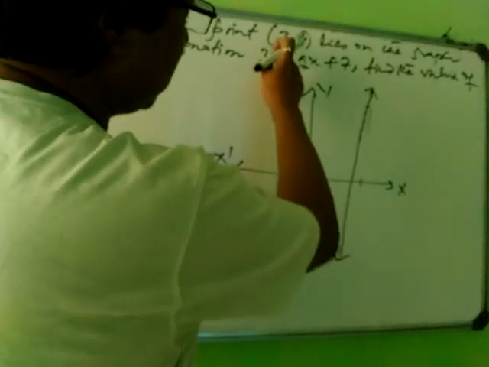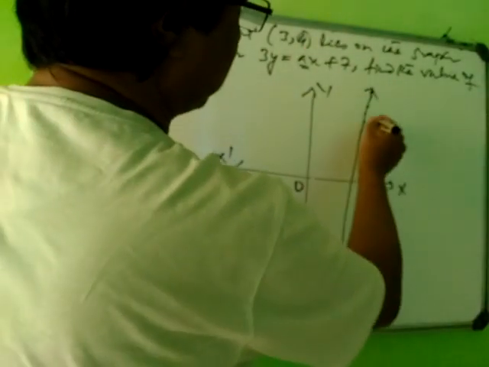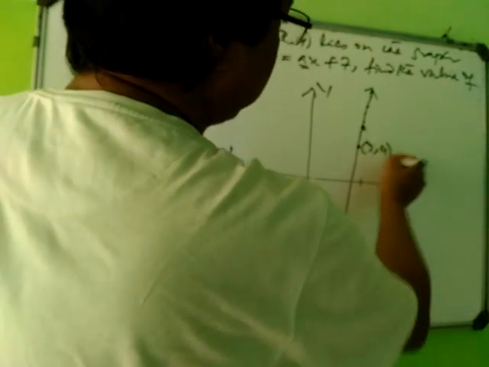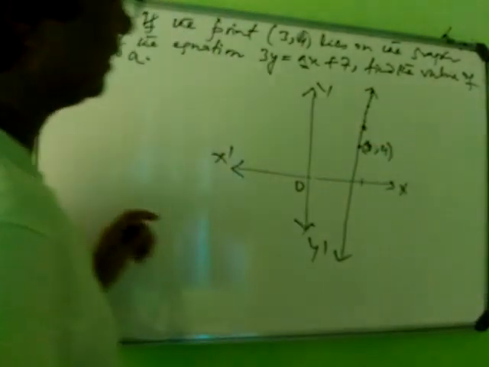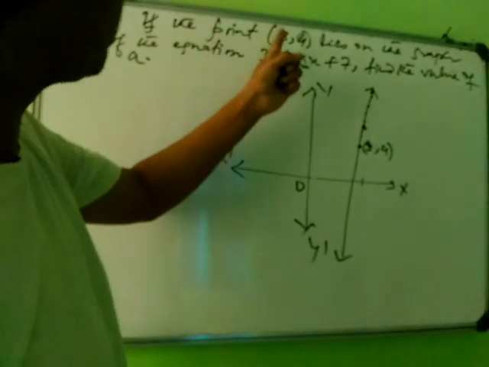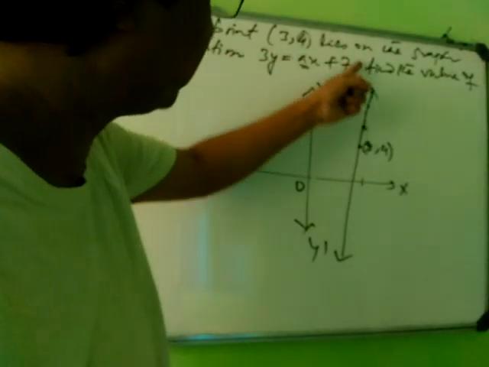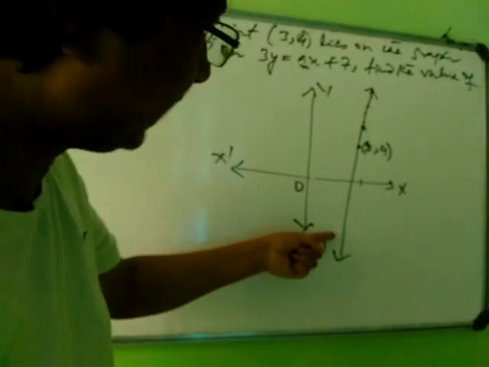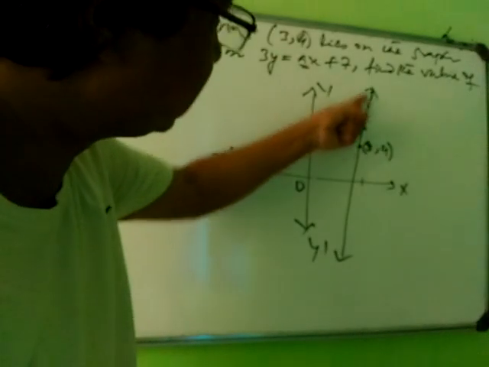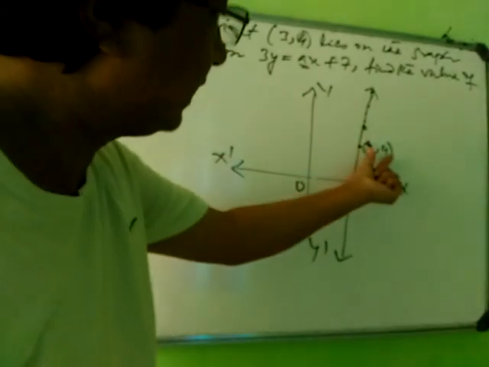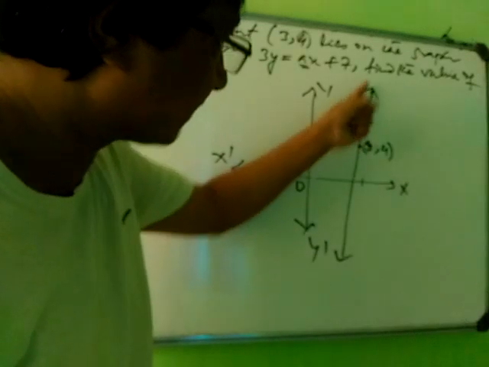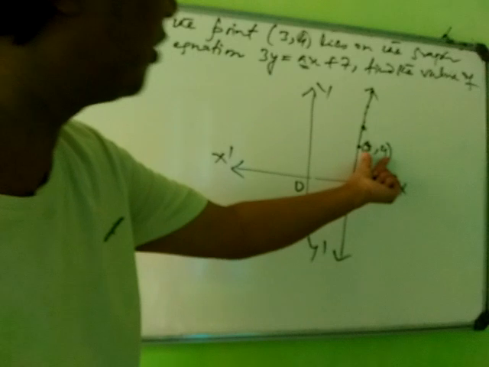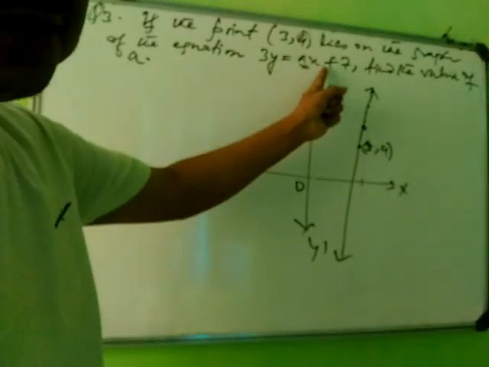So that straight line is the required graph of this equation. Now there, one point is 3, 4. Say you take this point 3, 4. So here, if the point 3, 4 lies in the graph of this equation, then in that case, this point will be the solution of this equation.